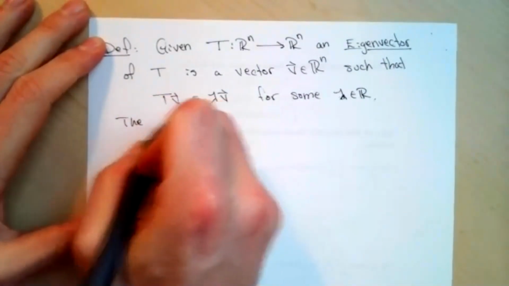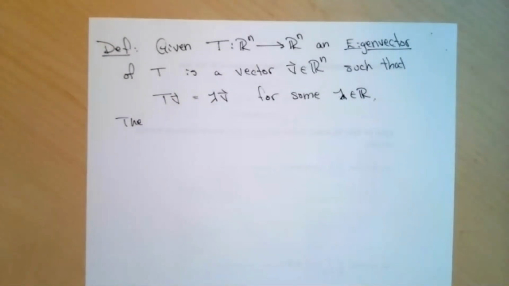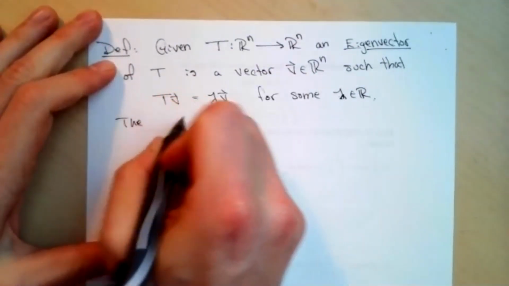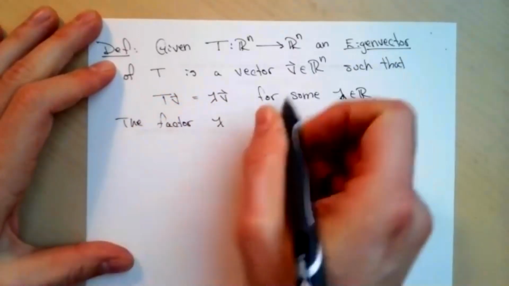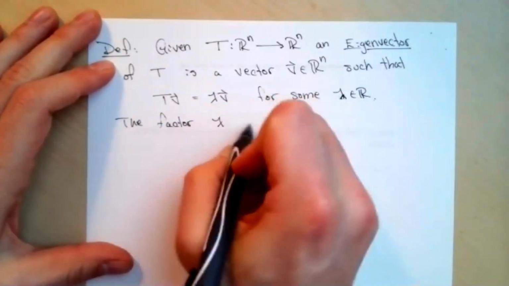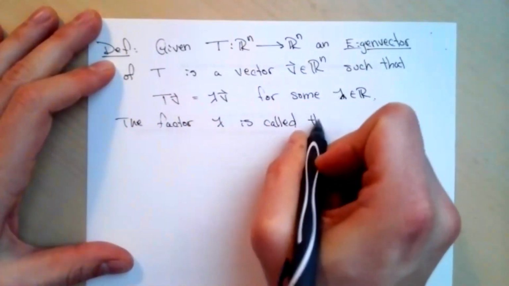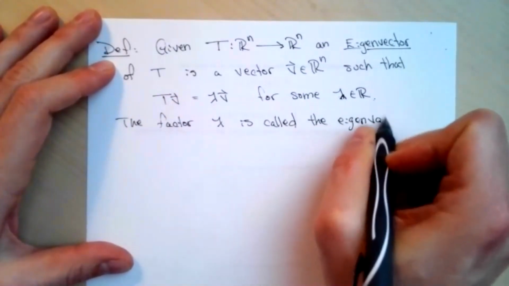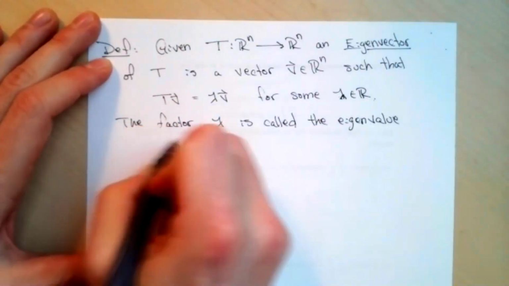And moreover, the stretch, or whatever factor comes out in front, is what we call the eigenvalue.